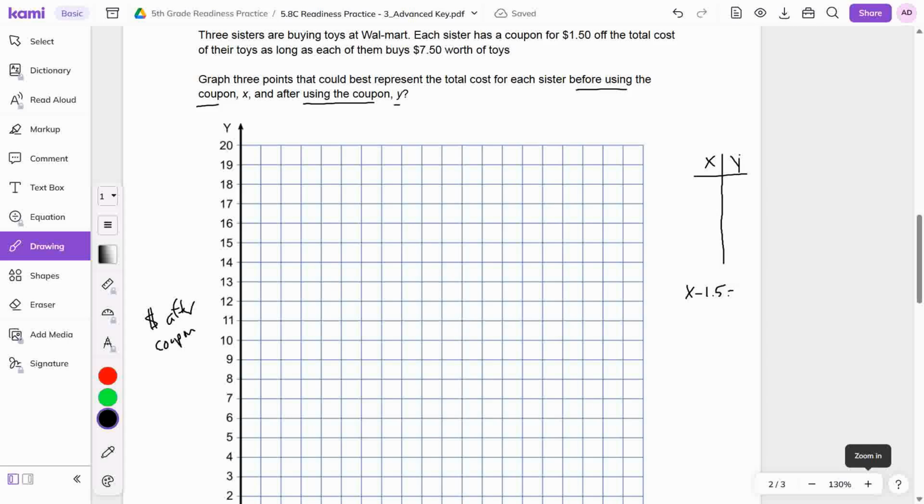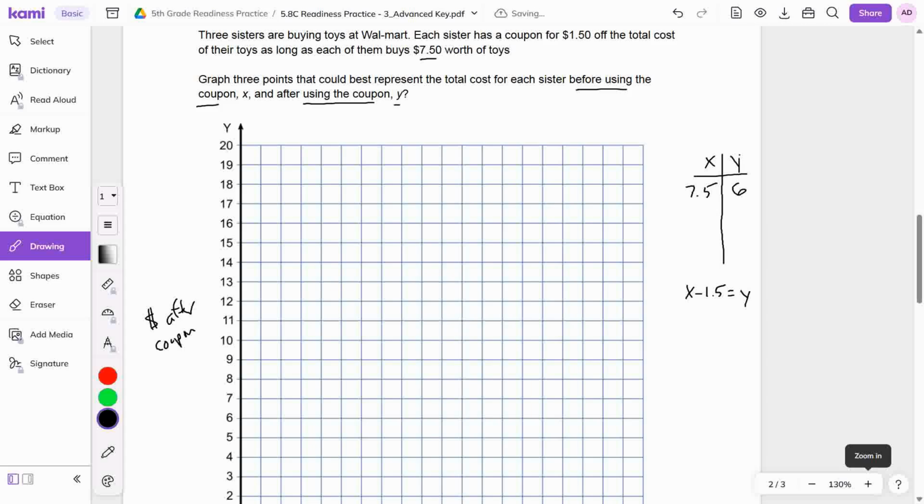That's going to get me my y. Now, the only rule is each of the purchases have to be at least $7.50. All right, so let's go $7.50. What is that going to be? Well, $7.50 minus $1.50 is going to be $6.